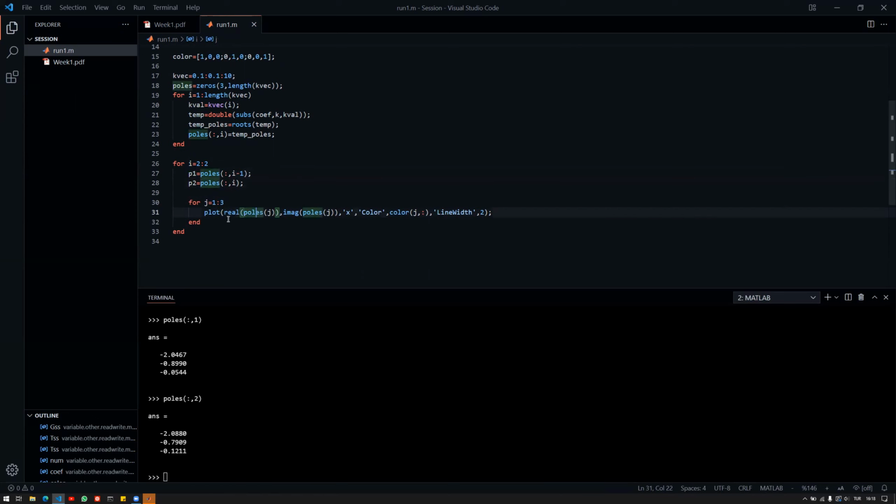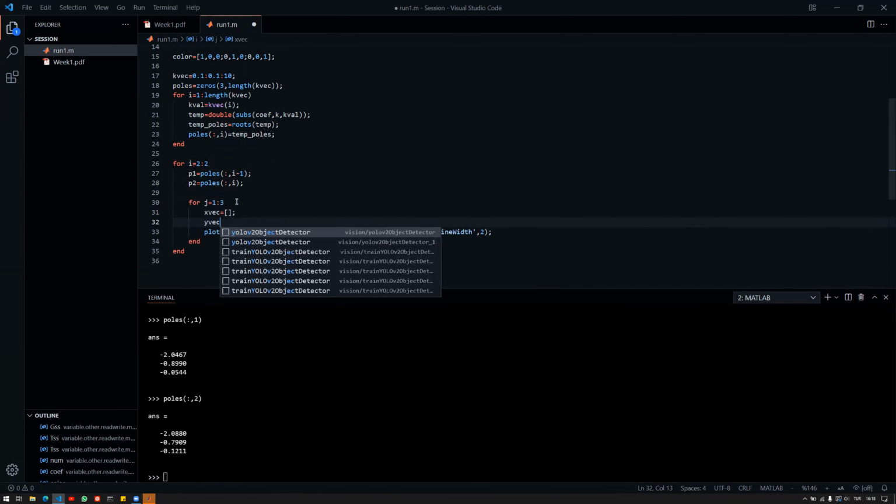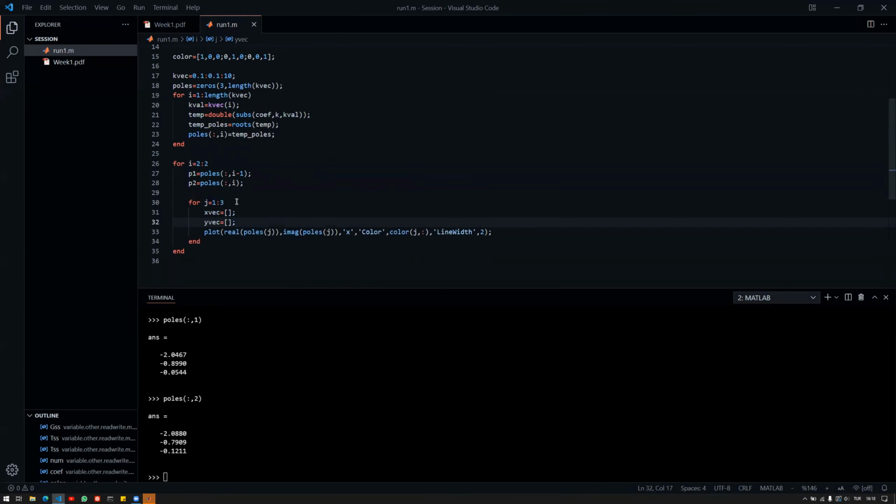So therefore, what we need to do is we need to change this a little bit. We need to add a certain x vector and a certain y vector. So the real value of, let's call it P1. And then the real value of P2.